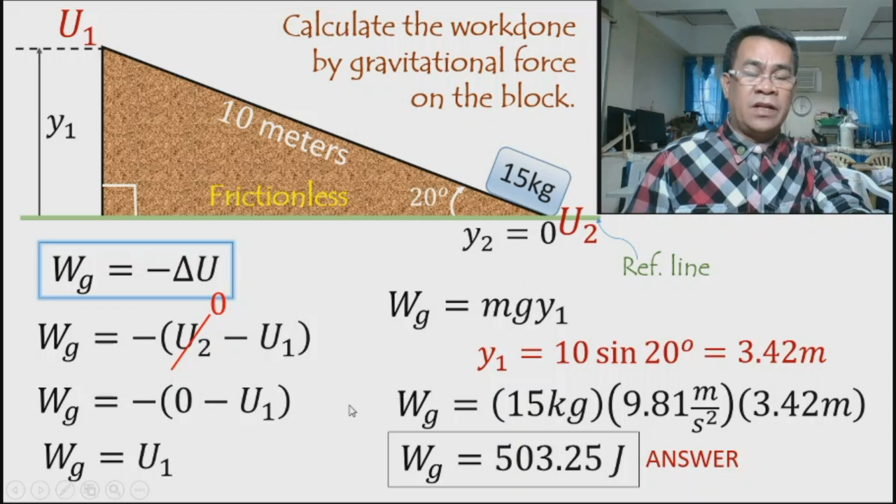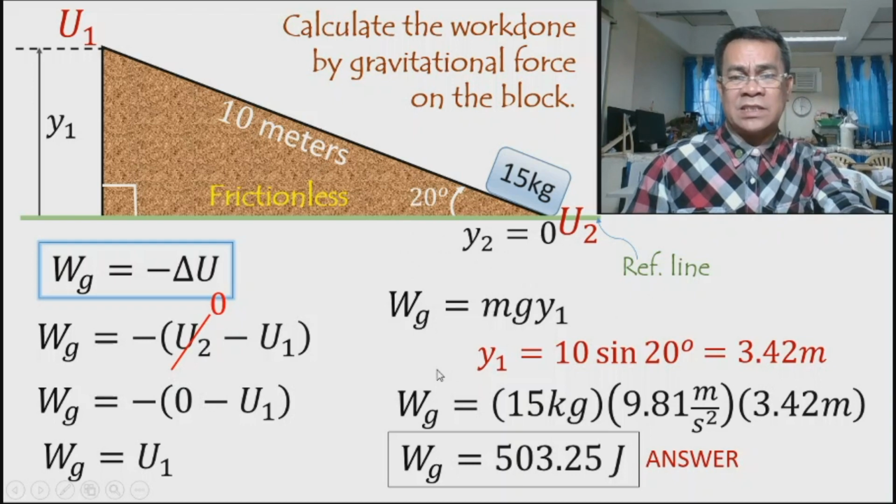Okay. Now, there is another method of calculating work done by gravity. Take note, in video number 1, work done by a constant force is W equals F d cosine theta, where theta is the angle from the displacement to the applied force. So the question is, can we use the formula for the work done by a constant force?